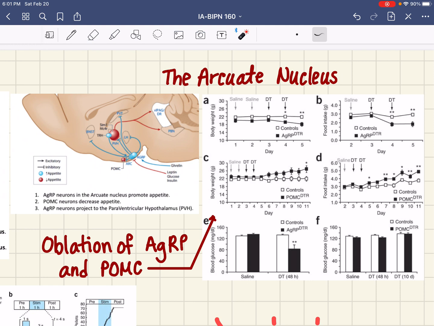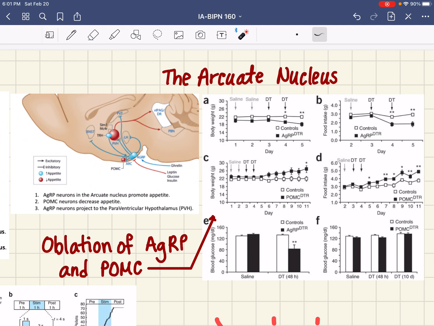But if we inhibit it, the mouse stops eating. And over here, if POMC is inhibited, comparing to the regular mouse, as in like the control, these mice start to gain weight as soon as POMC is inhibited. Remember that POMC decreased appetite, but if we inhibit that, then the mouse will start eating way, way more. Okay, and then these graphs show an interesting finding that we will talk about later.